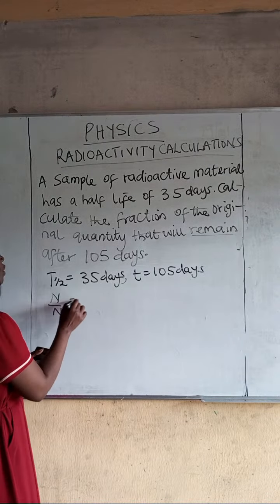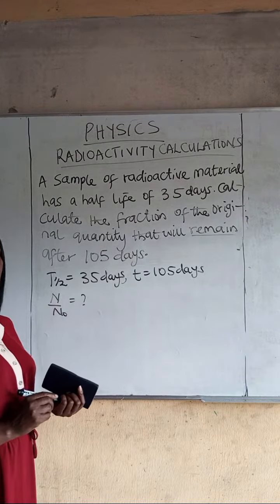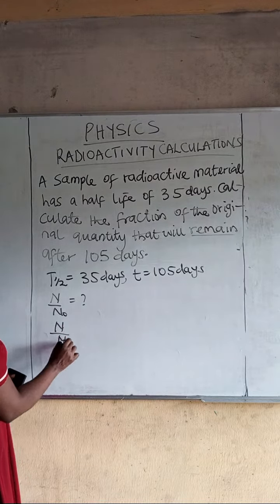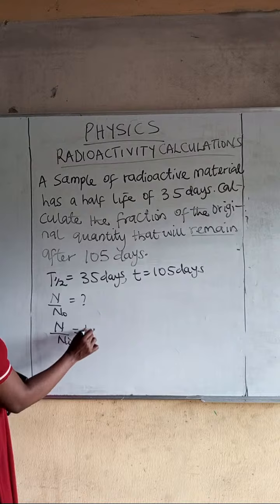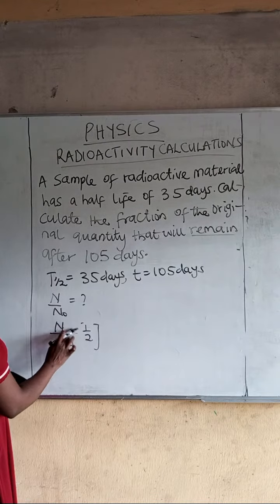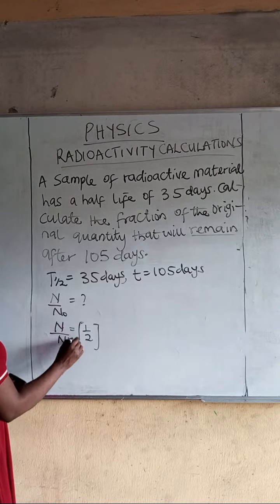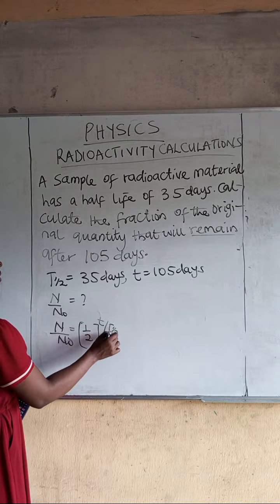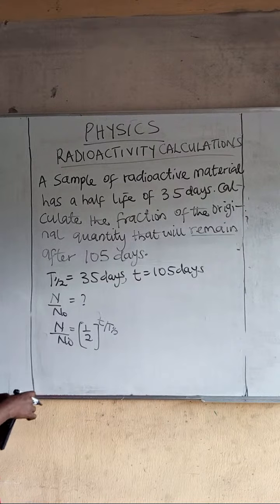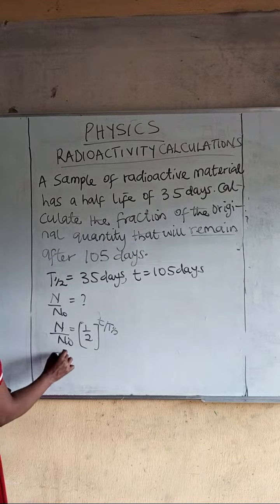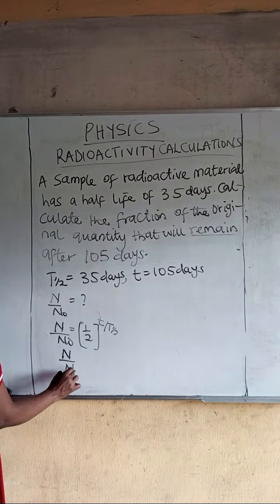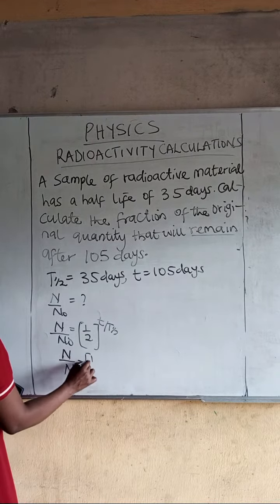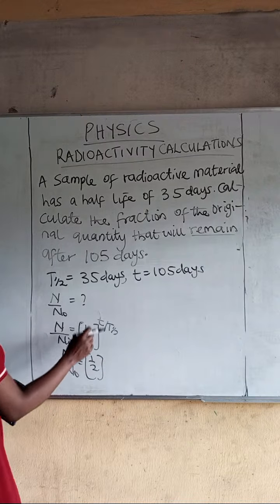Let's use our formula: N over N naught is equal to 1 over 2 raised to the power of t over half-life.